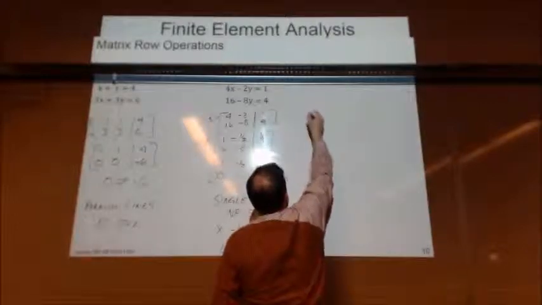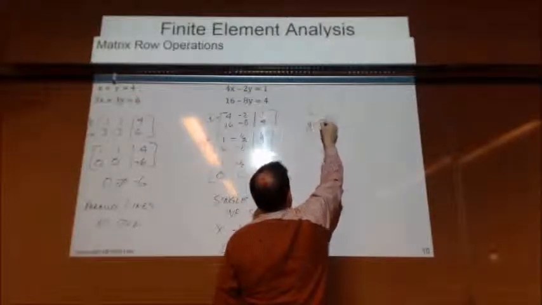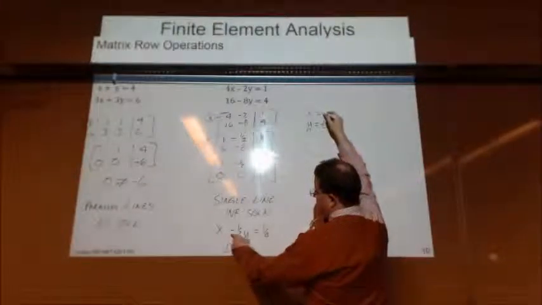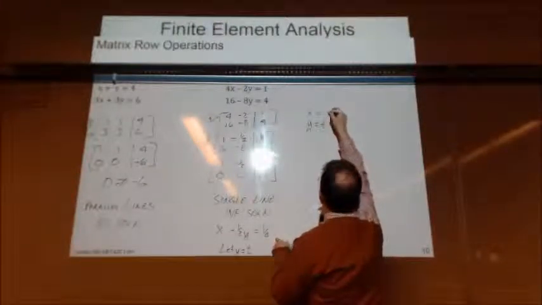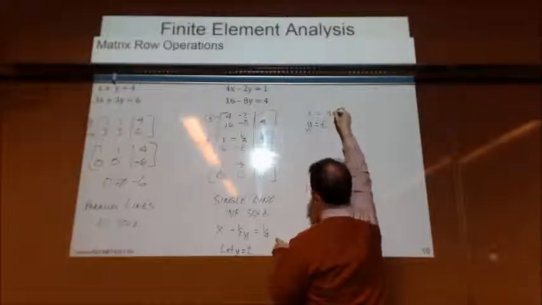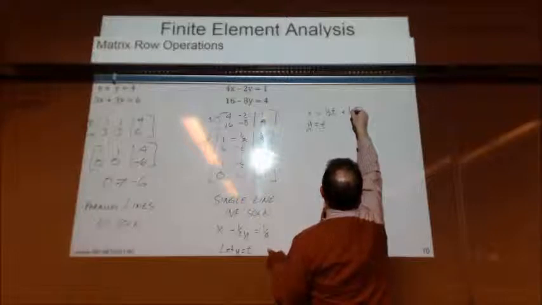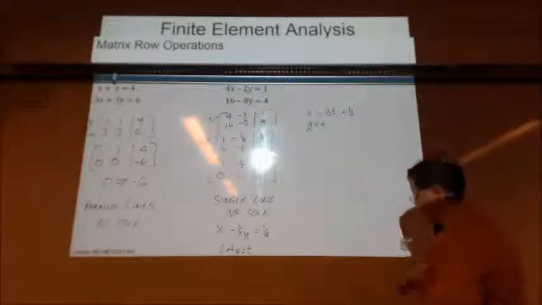So if we say x and y, y equals t, and x is going to equal, if we take this to the other side, 1/2 of y, which we said was t, plus 1/4.